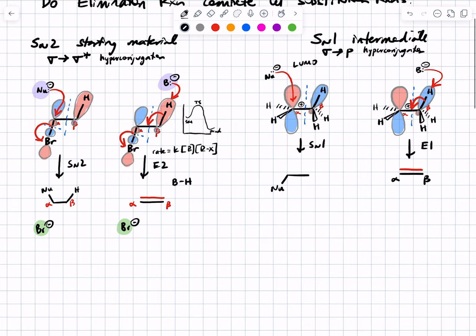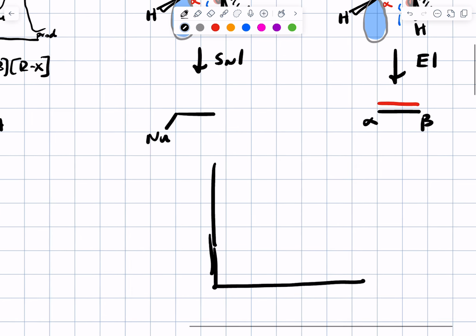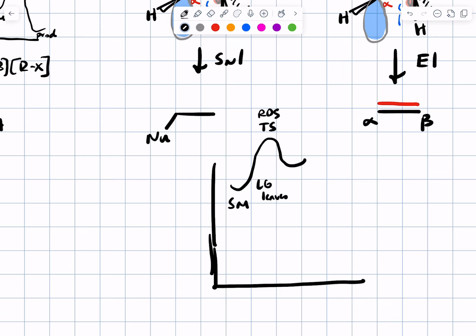It's interesting because the SN1 and E1 reactions have exactly the same first step. So here's the starting material. Leaving group leaves, that's the transition state, the rate determining step. You get a carbocationic intermediate, and then you go down a smaller hill to products.